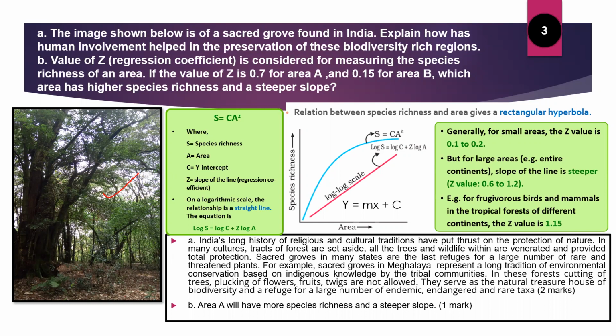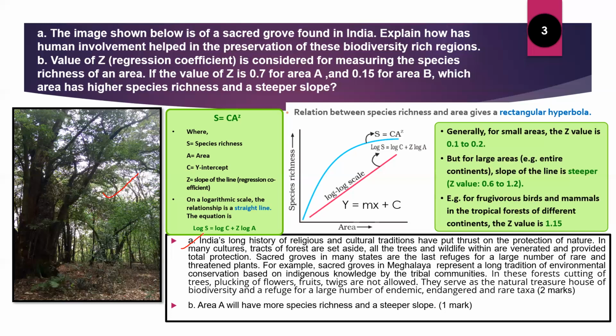Okay. So India's long history of religious and cultural traditions has focused on the protection of nature. In many cultures, tracts of forest are set aside. All the trees and wildlife within are venerated, respected, and they are provided total protection.